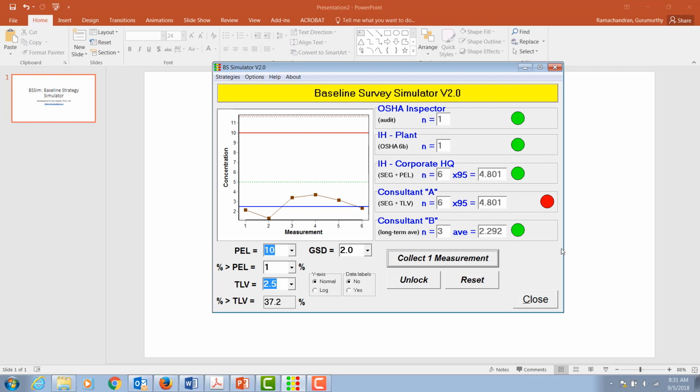And consultant A is typically the only person in these simulations that most frequently makes the correct decision, because consultant A is using a strategy that is based on the AIHA exposure assessment strategy, and also using the most up-to-date version of an occupational exposure limit, namely the TLV, or the threshold limit value.